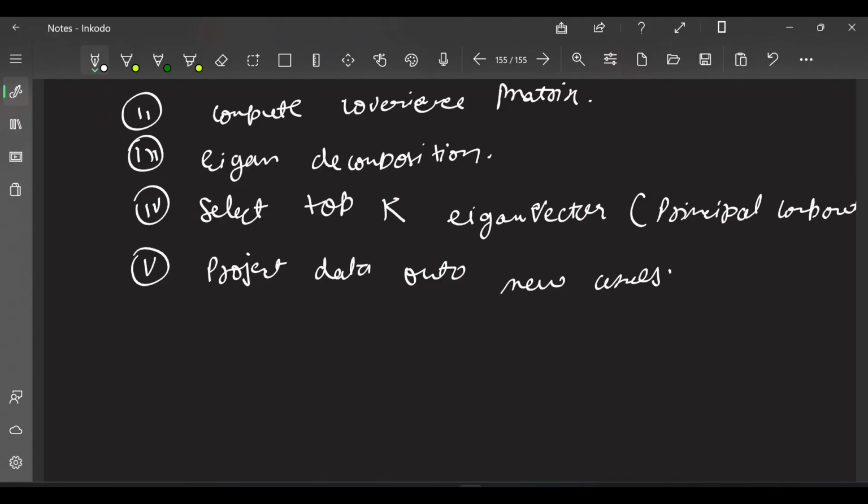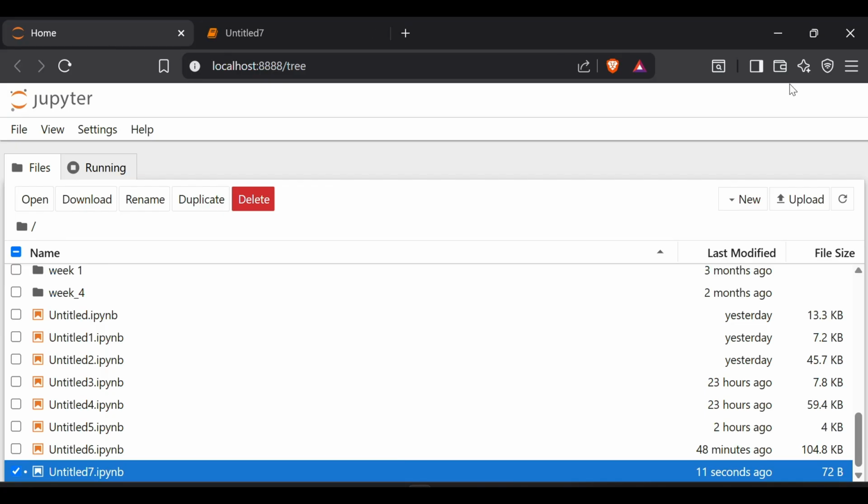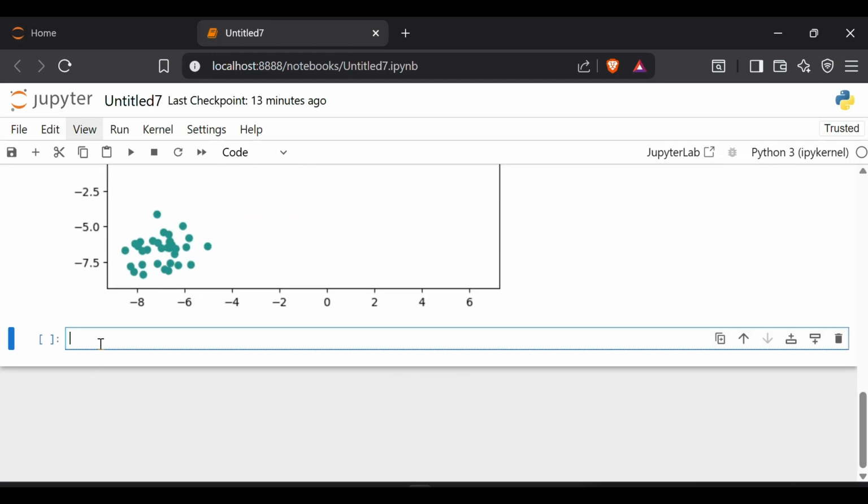Okay, so let me show you the demonstration of this PCA. Let me open the Jupyter notebook. So here we will create one new notebook. So here you have to import something.